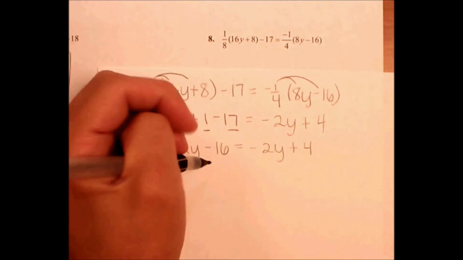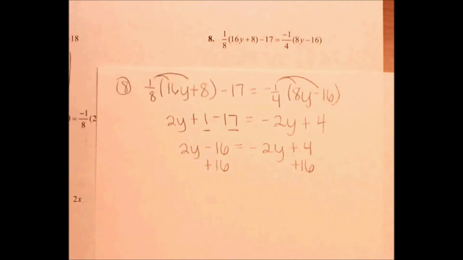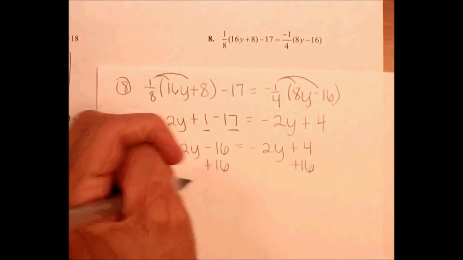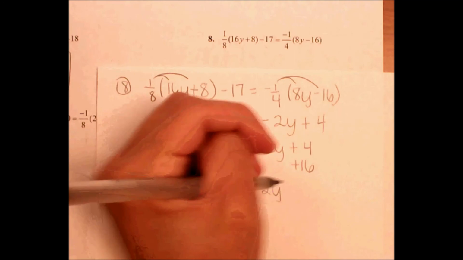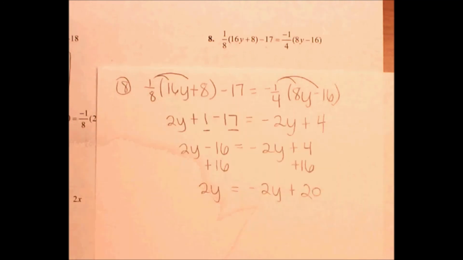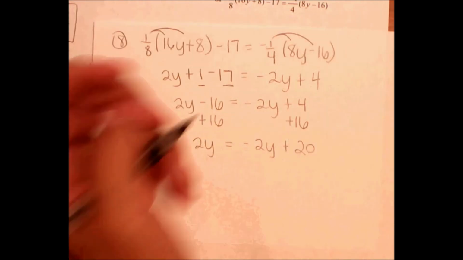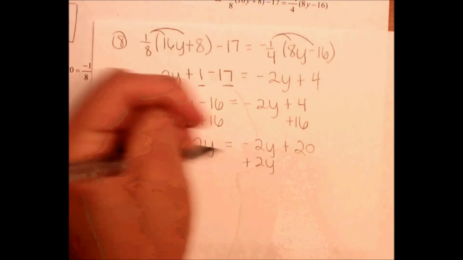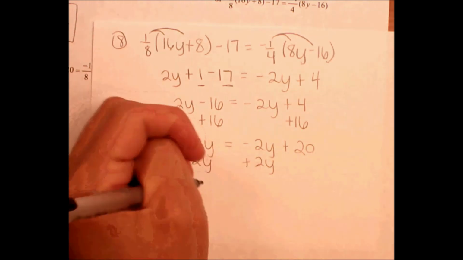Isolate the y. I'm going to add 16 here, add 16 to the other side. That leaves us with 2y equals negative 2y plus 20. I'm going to add 2y to the other side, so I have all my variables on one side, and I have my number on the other.